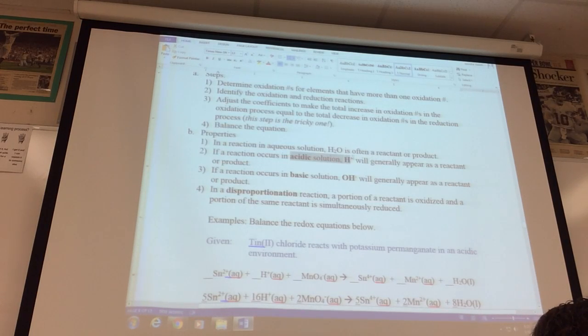In an acidic environment, the proton will appear. It will be either a reactant or a product. In a basic solution, you'll have hydroxide ion. Knowing that you have hydroxide ion signifying a basic solution is helpful. We'll balance the basic ones later in the year when we come back to this in electrochem, because the basic balancing is really tricky and it's going to be overkill. So our reactions are going to be in an acidic environment.